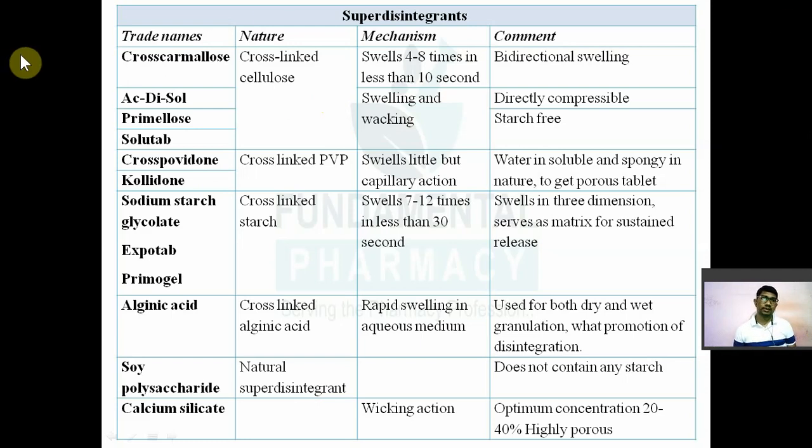So what is the difference between a normal disintegrant and a super disintegrant?